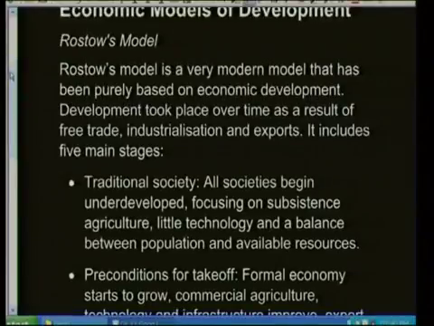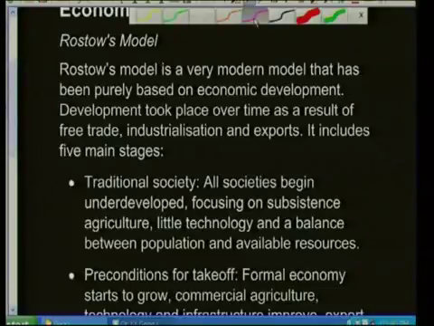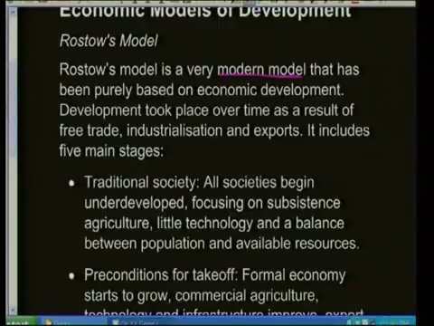Underneath this, we can now see we've got a bit of information based on the different stages of Rostow's model. It says Rostow's model is a modern model. Like I said before, when we look at the definitions, models are not perfect.